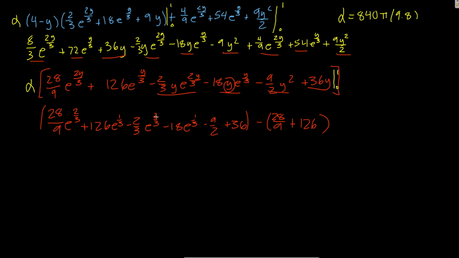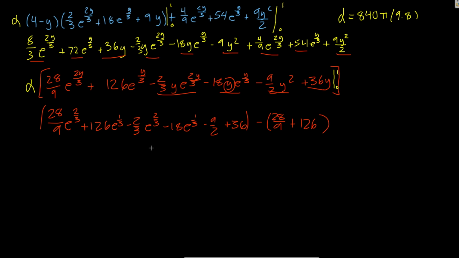This value can be condensed once again, so we have 126, negative 18, and negative 2 divided by 3, and plus 28 divided by 9.